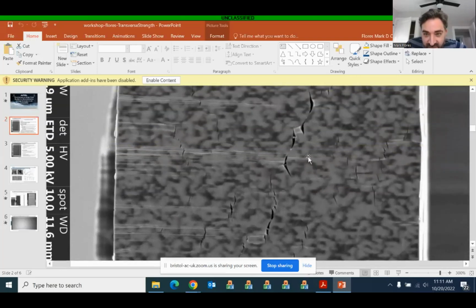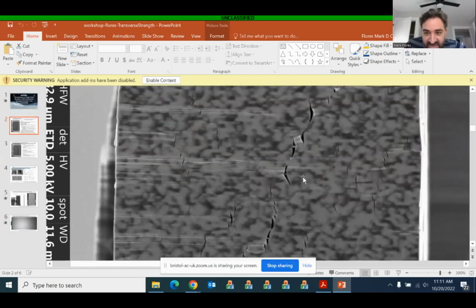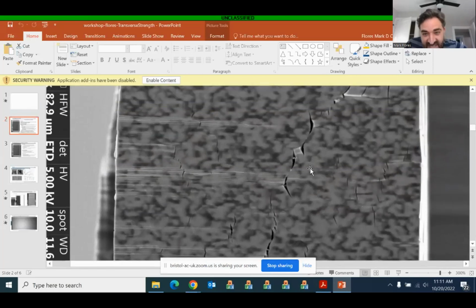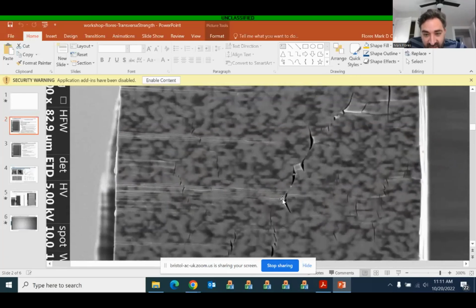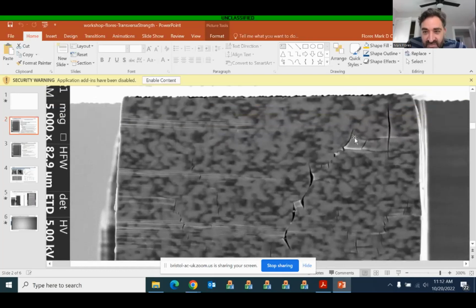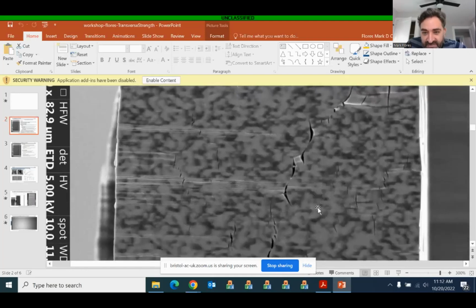If you're looking for mechanisms, and I'm guessing that's what you're trying to figure out, you have a debond followed by a vertical matrix crack. And it's a combination of debonds and vertical matrix cracks that coalesce together to form what you would call that 53-degree angle.